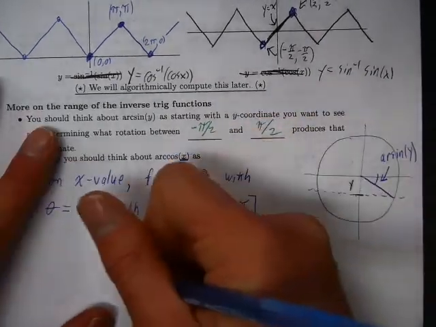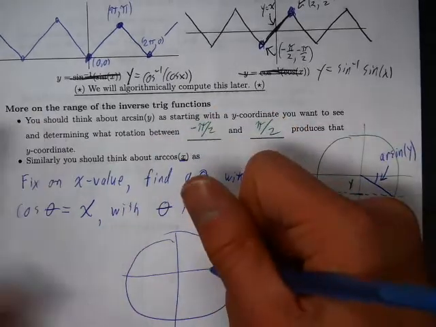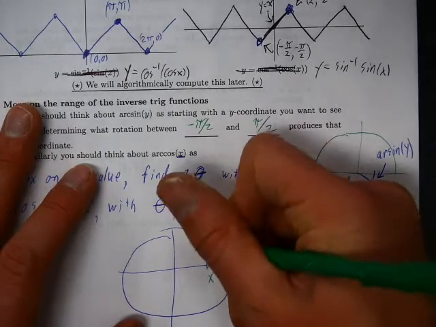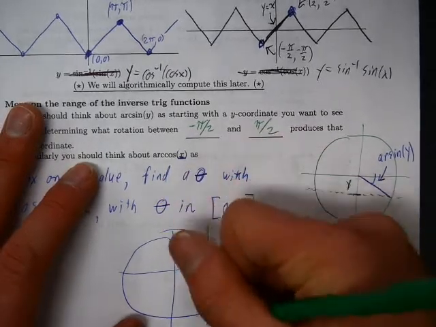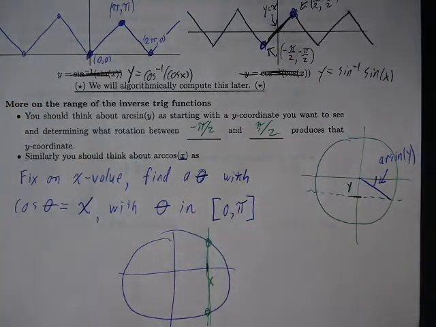And we can draw a picture of that too. So I'll draw a unit circle. I'll fix some x value. It looks like there are two different points on the circle that have that x value. Is inverse cosine going to give me the one of those that looks like it's in quadrant 1 or the one in quadrant 4?